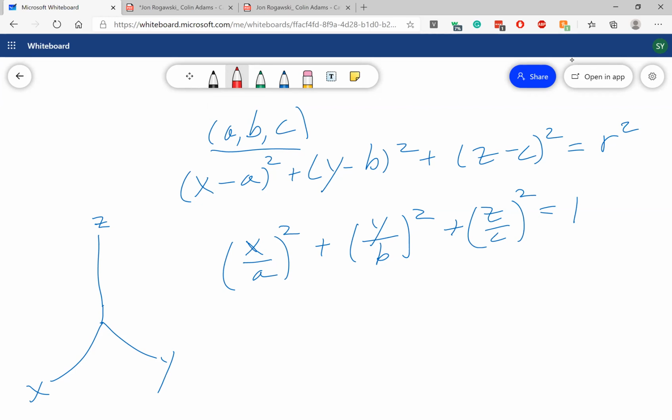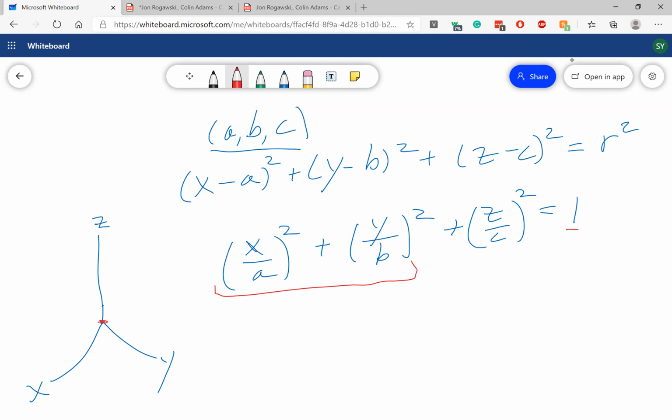Then this term is equal to 0, and this would be the equation of an ellipse in 2 dimensions, with an axis in the x direction of A, and then a smaller axis in the y direction which would be B.